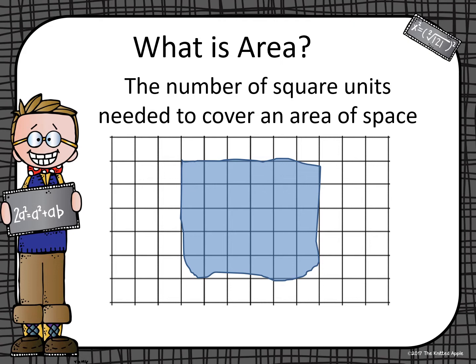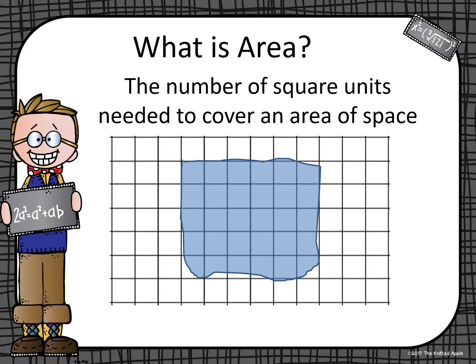So if we look at the spill, we could say that we have 1, 2, 3, 4, 5 about, and we have 1, 2, 3, 4, 5, 6 squares in each row. So if I were going to figure out the area of this spill, I could say that this spill is 30 square feet. Well, how do I know that?